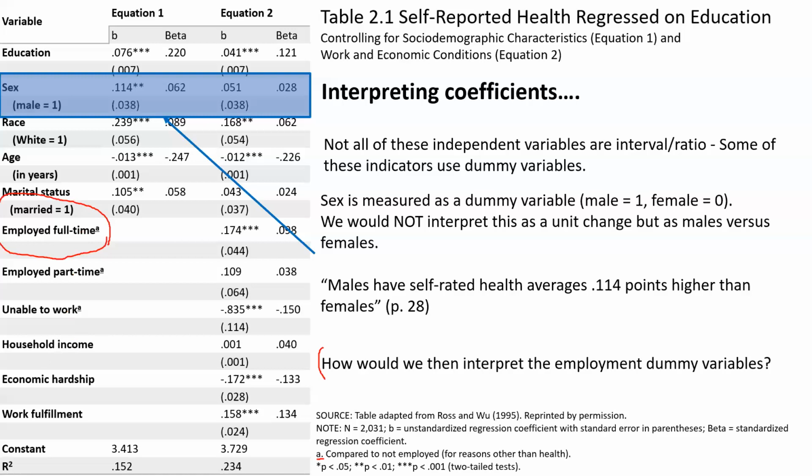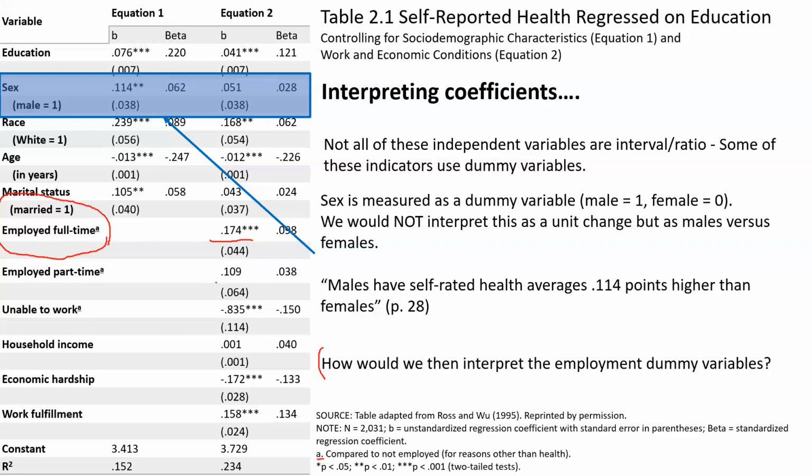So we can say, for instance, that those employed full-time reported self-reported health scores 0.174 units higher than those not employed for reasons other than health.